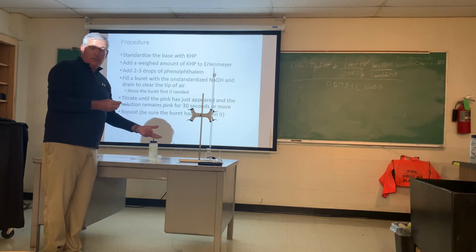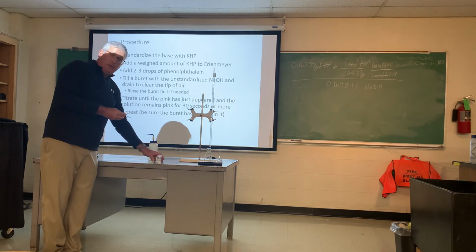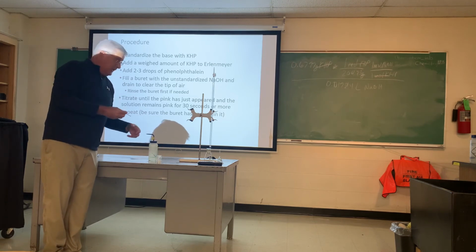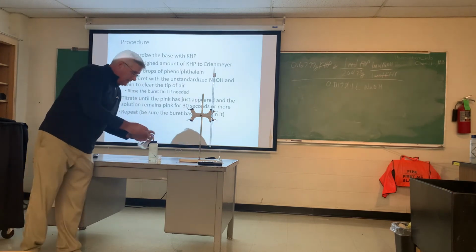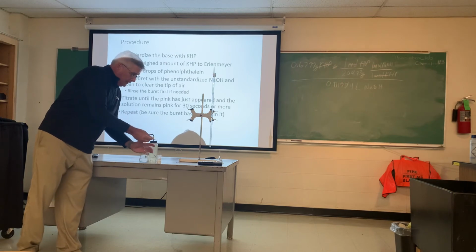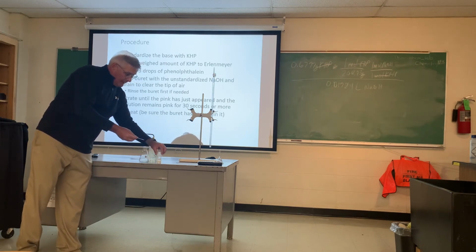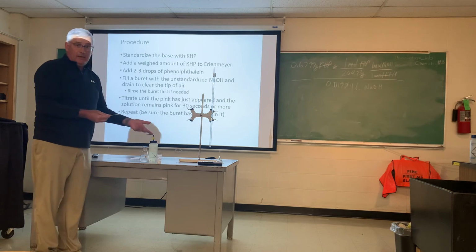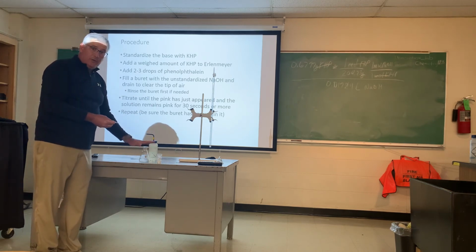Be paying attention, watching the balance. It will tell you how much you've taken out. And once you've removed what you need into your Erlenmeyer flask, then you would recap the vial and take the final weight so that you know how much you've put into your flask.